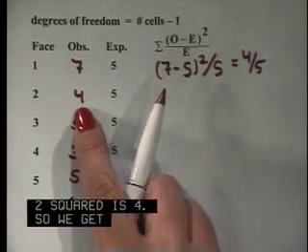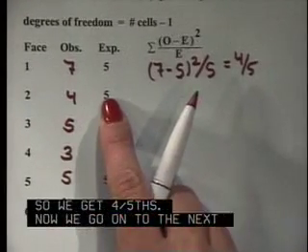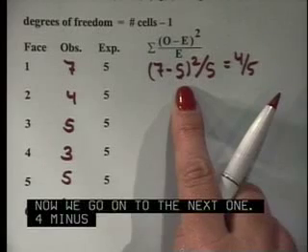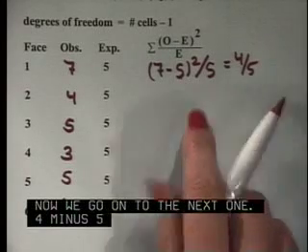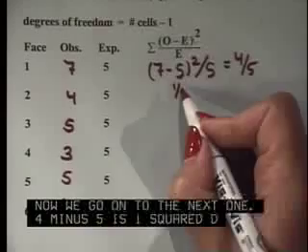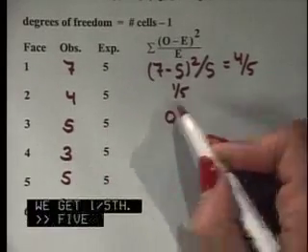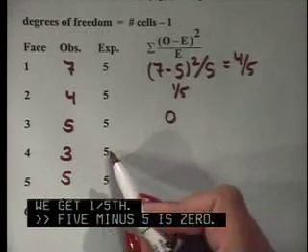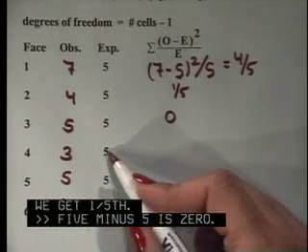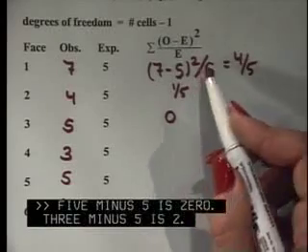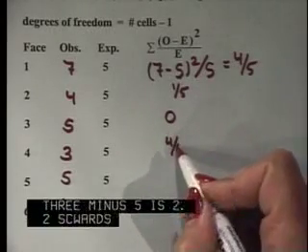Now we go on to the next one. 4 minus 5 is negative 1, squared is 1, divided by 5, and we get 1/5. 5 minus 5 is 0. 3 minus 5 is negative 2, 2 squared is 4, and we have 4/5 again.